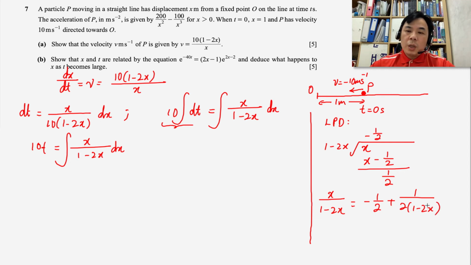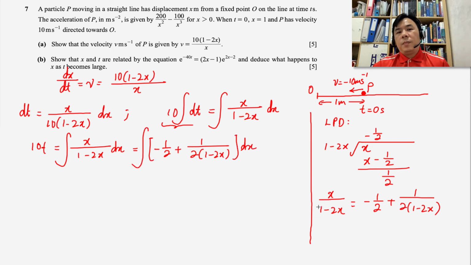You can always check by combining this, it should yield the same result. Therefore, integrating this is the same as integrating this. Okay, and then there you have it. And then all we need to do is just go through the same integration procedure.